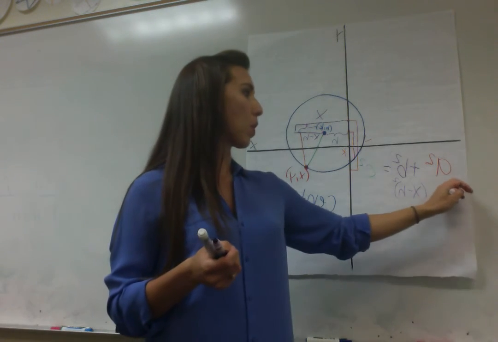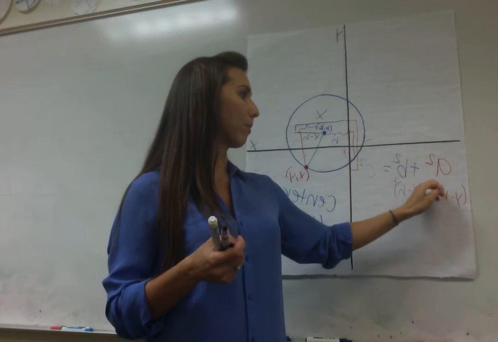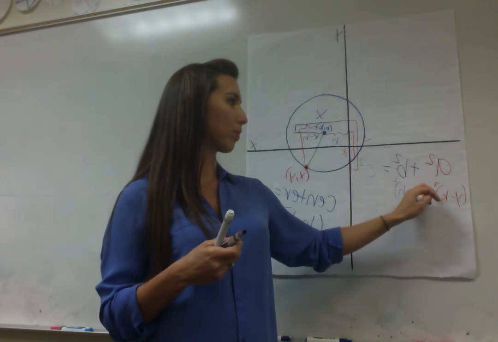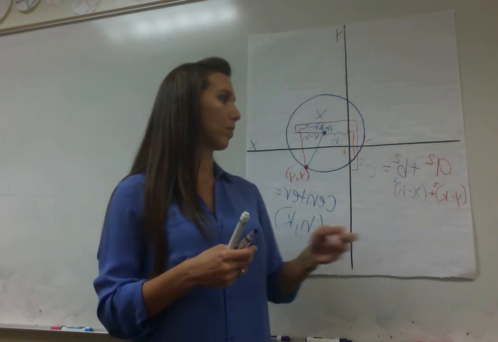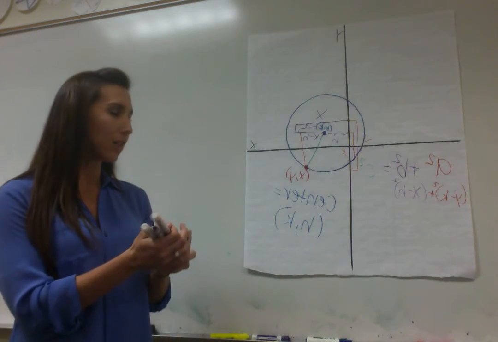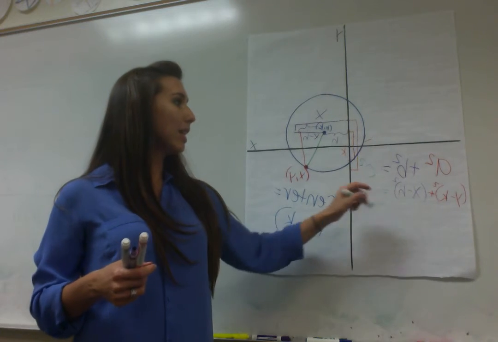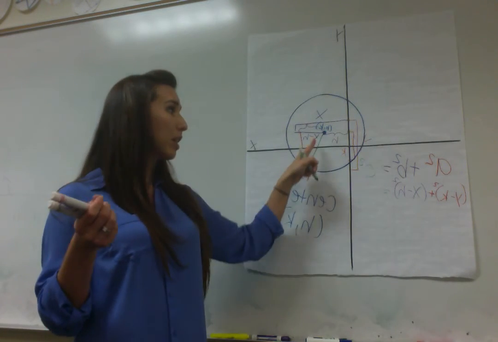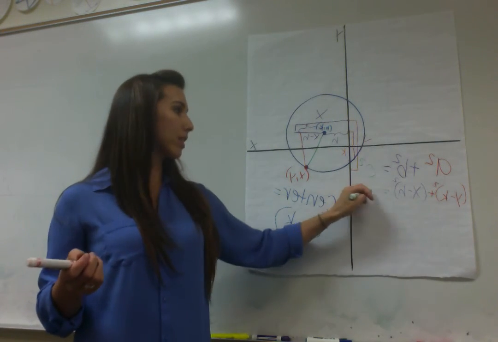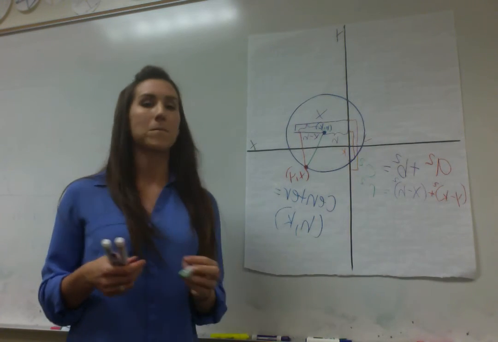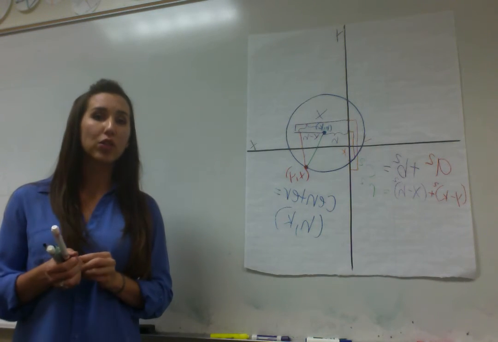That would be y minus k. And that leaves us with what c squared would be. But c is now, if you think about it, just a radius. So we have r squared.